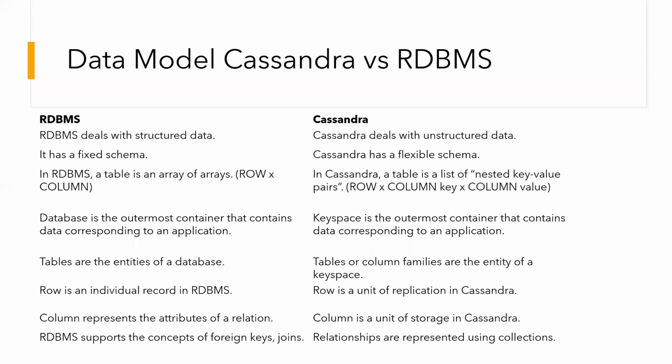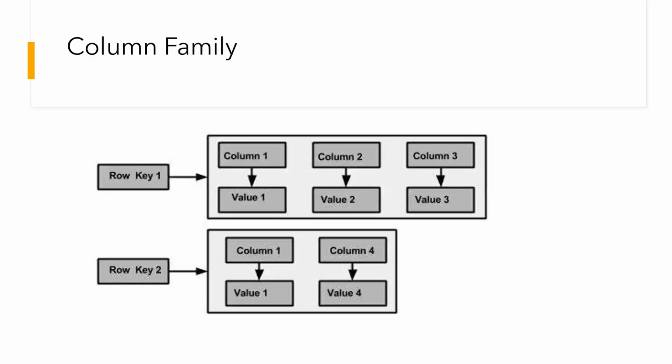Also, in RDBMS you have the concept of joins, which I covered earlier, whereas in your Cassandra system, you will have collections, where a particular column family adheres to a specific query request that I was talking about earlier. So there is no relationship of joins as you see in your RDBMS system.